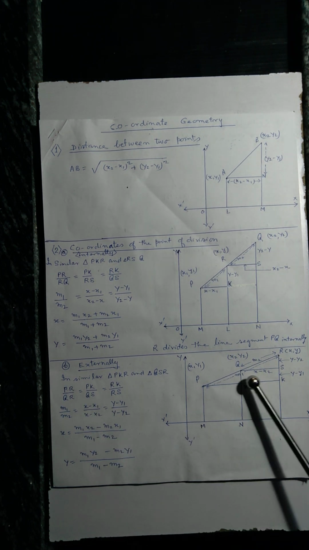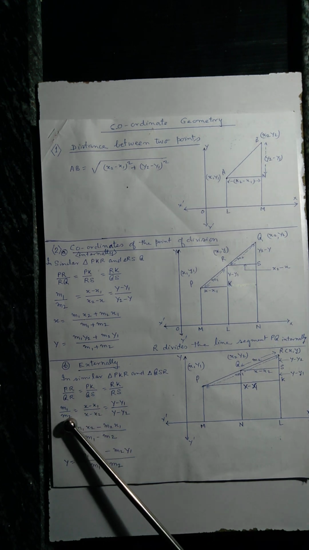Now in similar triangles PKR and QSR, the corresponding sides are proportional, so PR upon QR is equal to PK upon QS, which is equal to RK upon RS. Here PR is M1 and QR is M2. PK is x minus x1 and QS is x minus x2.